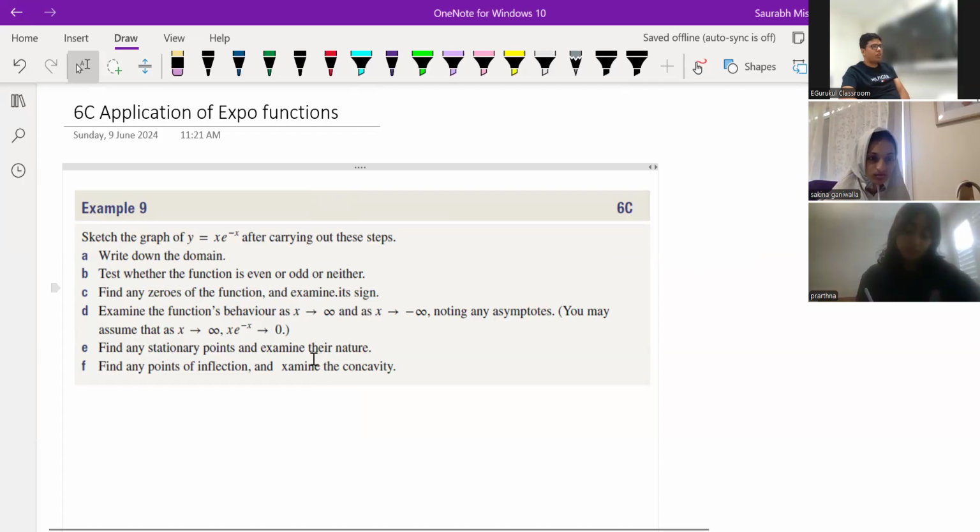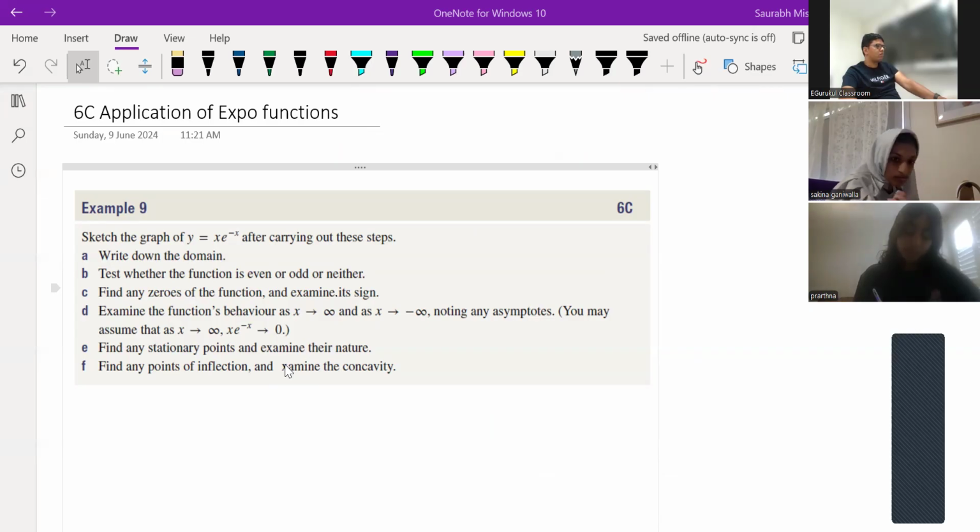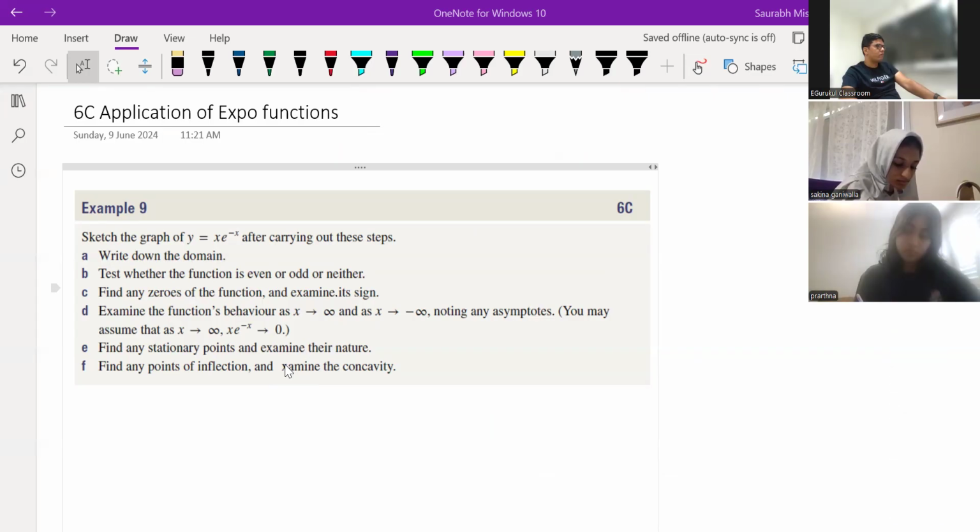Test whether the function is even or odd. Pratna, can you check? Both of you can check whether the function is even or odd, which we did before. What did you get, Pratna?